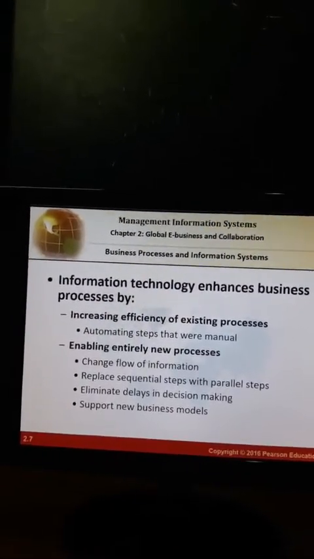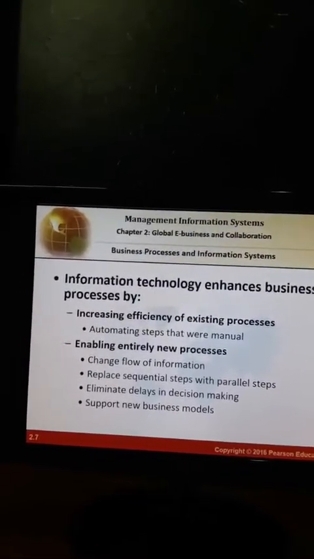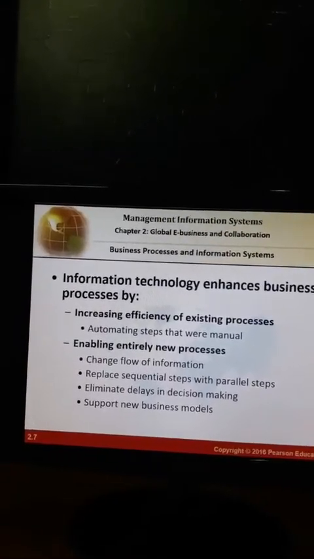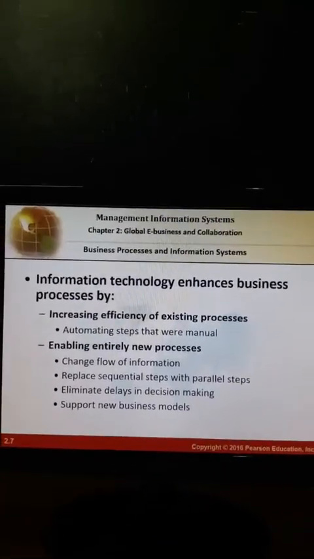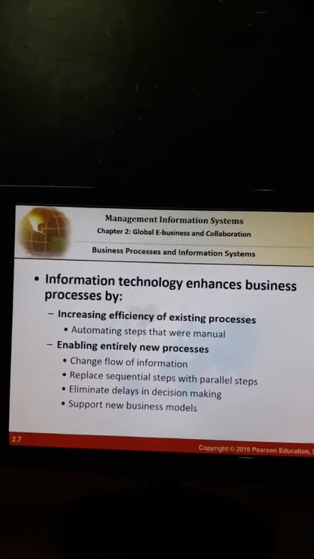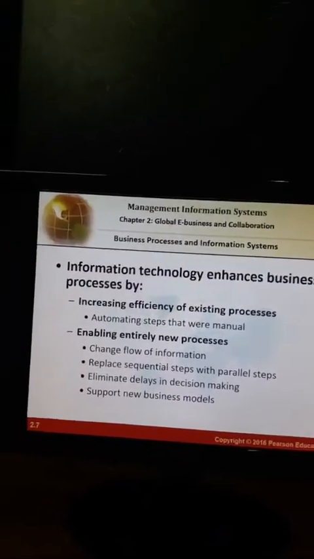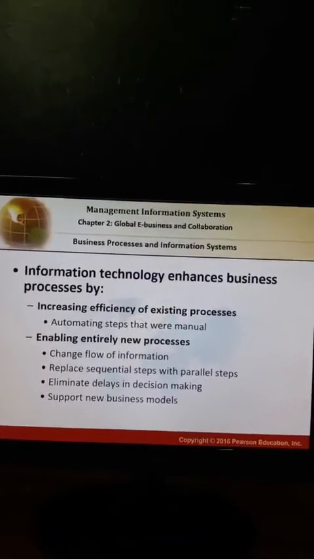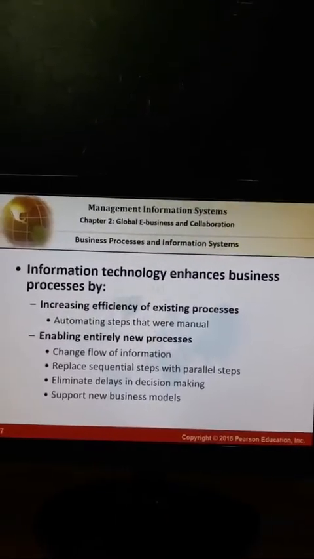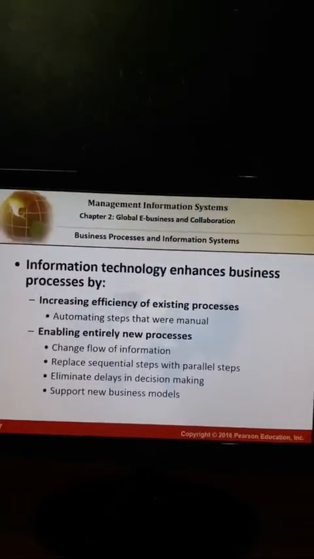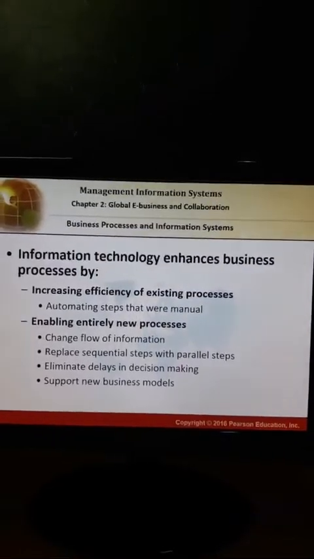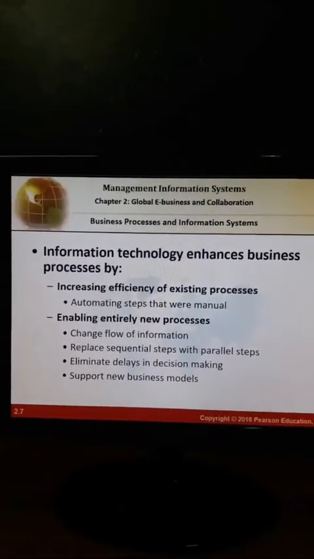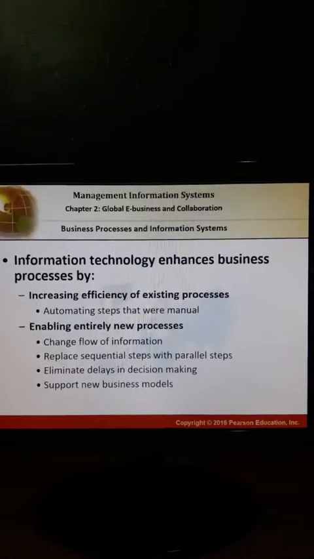To produce the music, you no longer require a compact disc. So the production process has changed. This is what we call enabling an entirely new process. So information technology has enhanced this business process. That's why we say information technology brings changes in existing processes and entirely new processes.